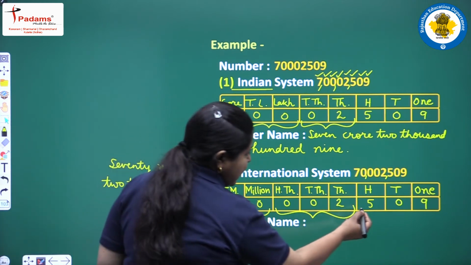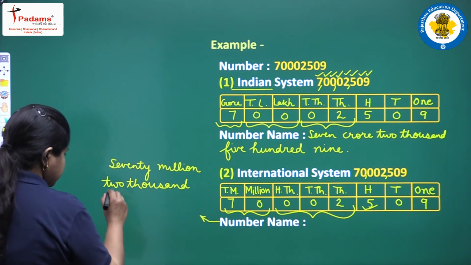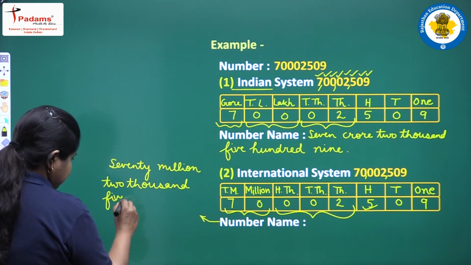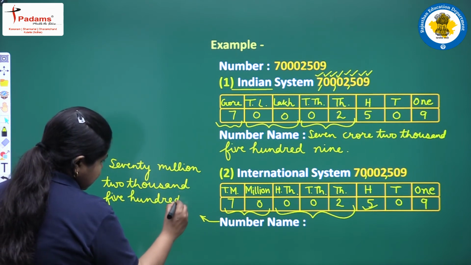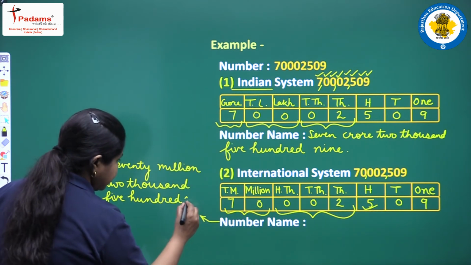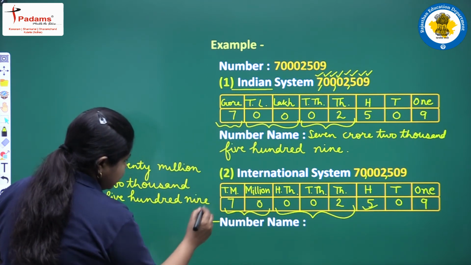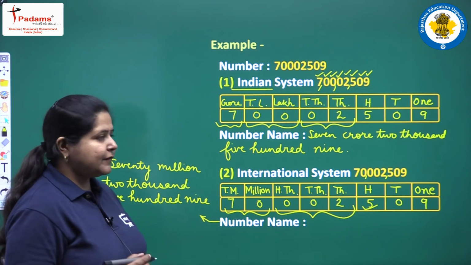Then 500, because 5 is at hundreds place value, so 500. And then we have simply 9. So this is the name as per International System of Numeration.